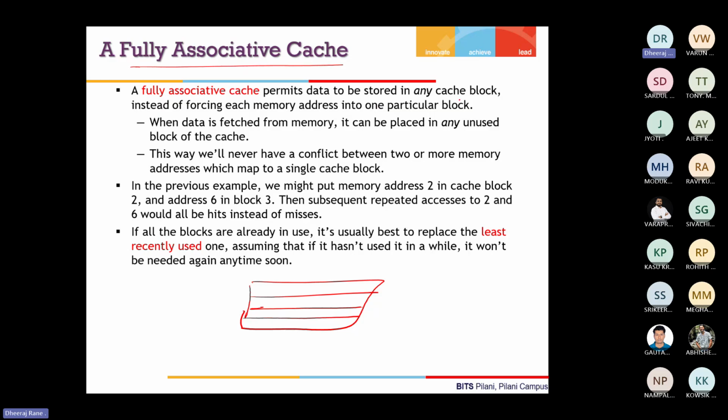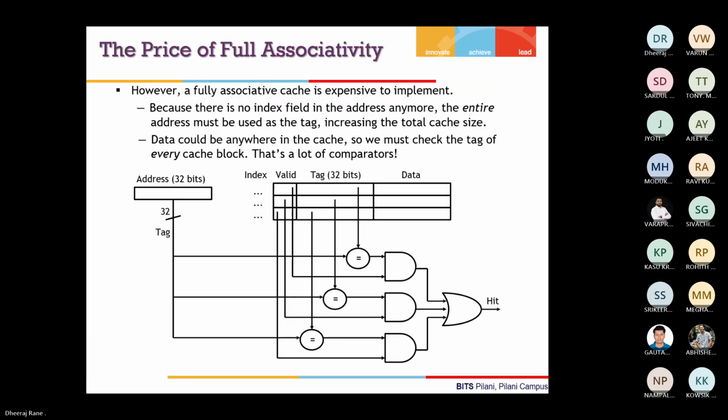So what does it mean? So the data, it will give you a freedom to store the data in any cache block instead of forcing it to a particular block. So what does it mean? But now see the level of complication you have to go through in terms of electronics. Okay. So this you are seeing in terms of three lines, right?